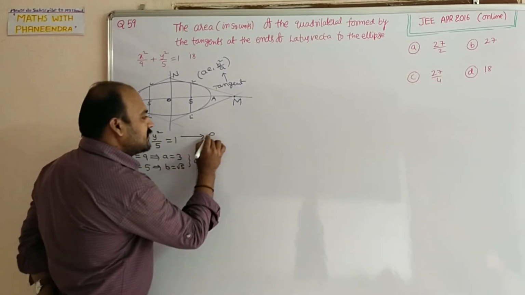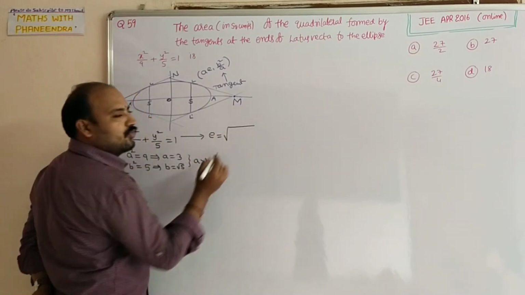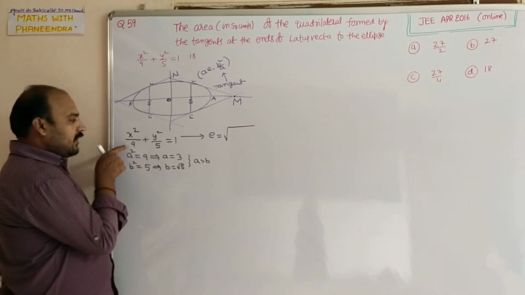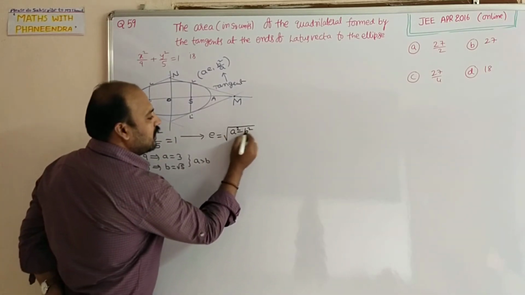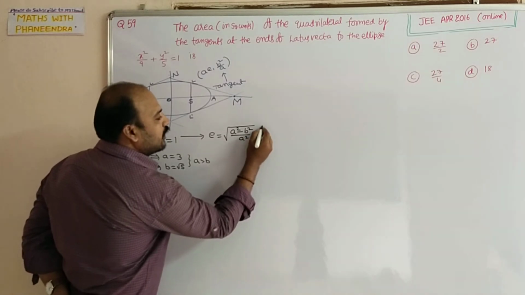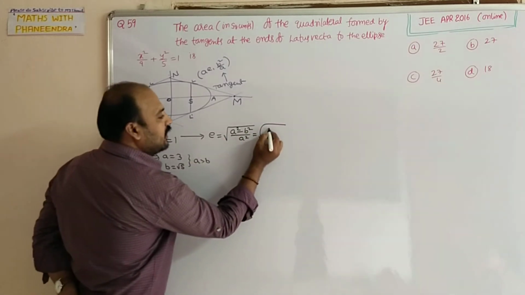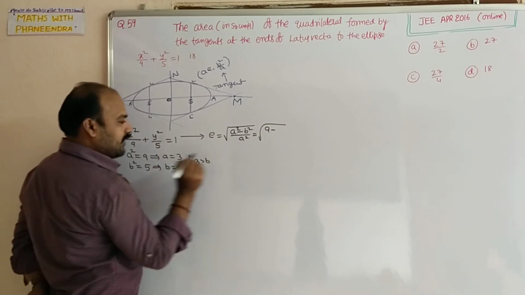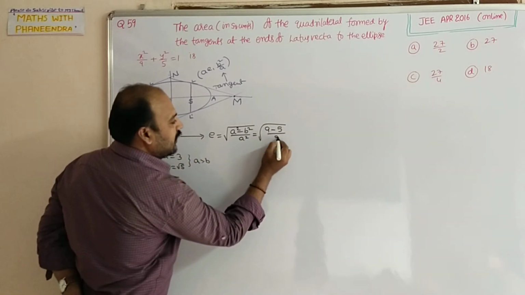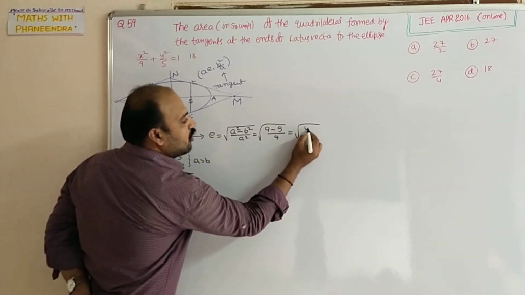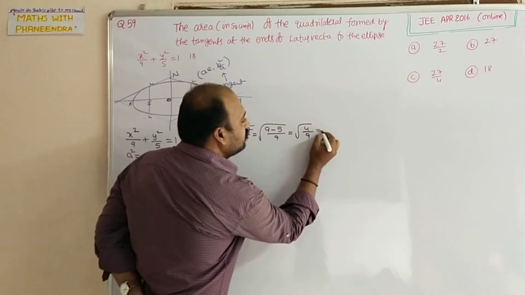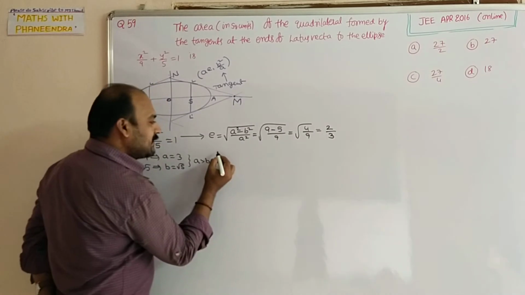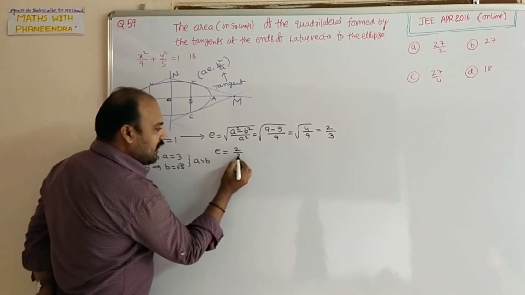After that eccentricity e equal to square root of, here a is greater than b means a square minus b square divided by a square. Square root of 9 minus 5 divided by 9, square root of 4 by 9, which is equal to 2 by 3. So eccentricity e equal to 2 by 3.